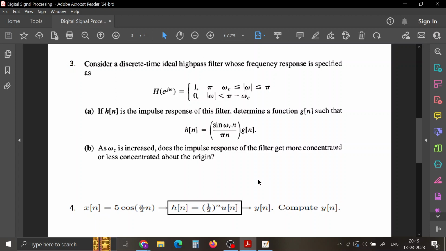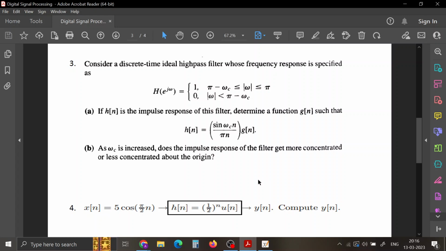No problem. Okay, so for the fourth one you can directly use the convolution also, but the idea here is that in our week 7 lectures, sir has discussed the response of LTI systems to inputs of the form a times cos of omega naught n plus phi. Given the frequency response, the magnitude and the phase, you can directly write the output.